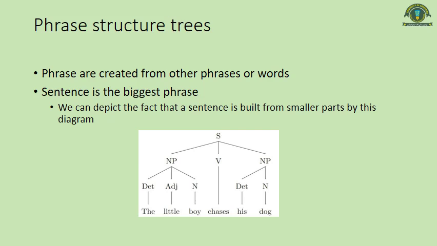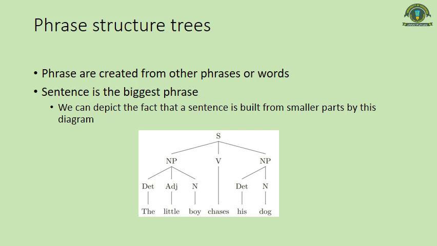The smaller parts are called phrases or sometimes clauses. But for phrase structure trees, we need to know that these smaller parts are represented by phrases instead of clauses. So we consider the clause under S, or sentence. The example is given below: the little boy chases his dog.